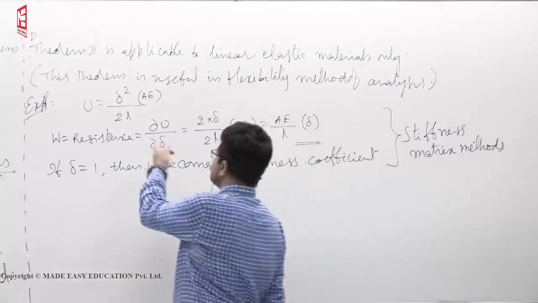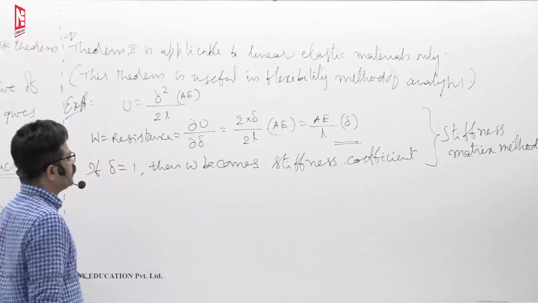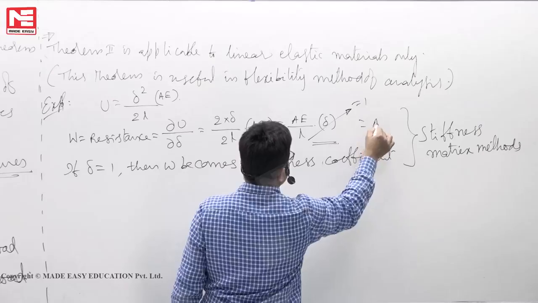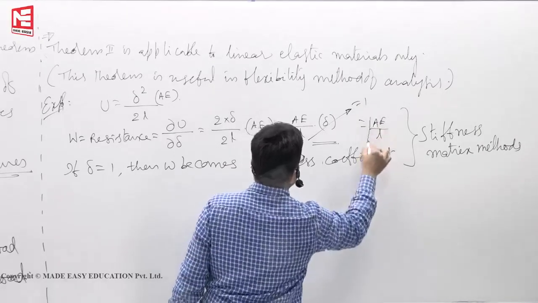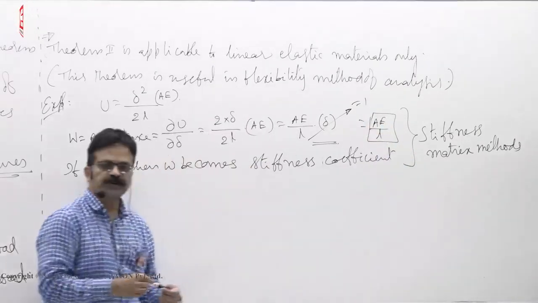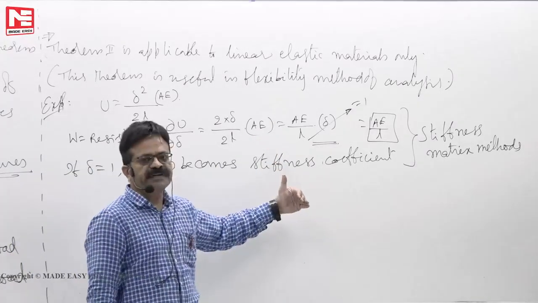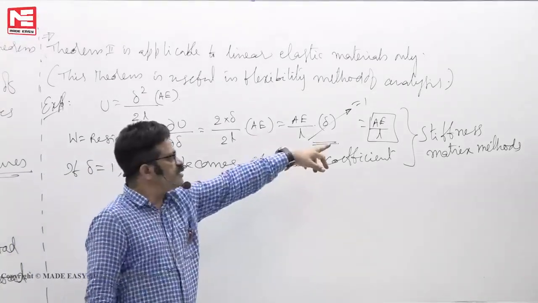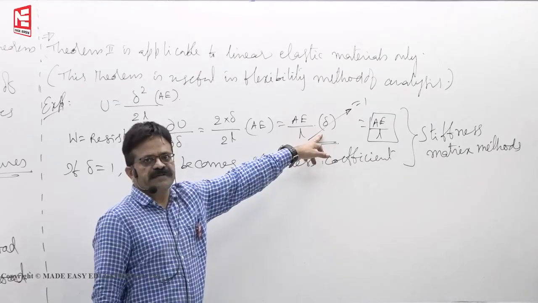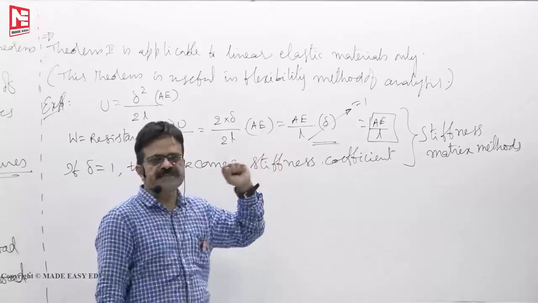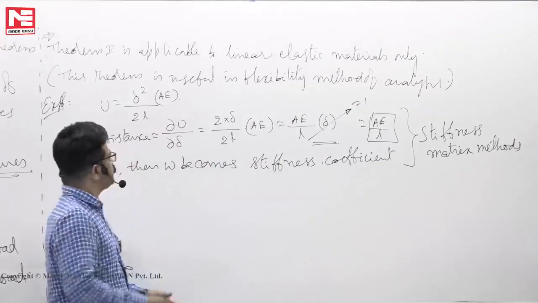This type of analysis we use in the stiffness matrix methods. If delta is equal to 1, we get AE by L. Strength of materials sir also told you, AE is the axial rigidity, and per unit length it is axial stiffness. So you get stiffness if delta becomes 1. That's why this theorem 1 is useful in the stiffness methods of analysis.